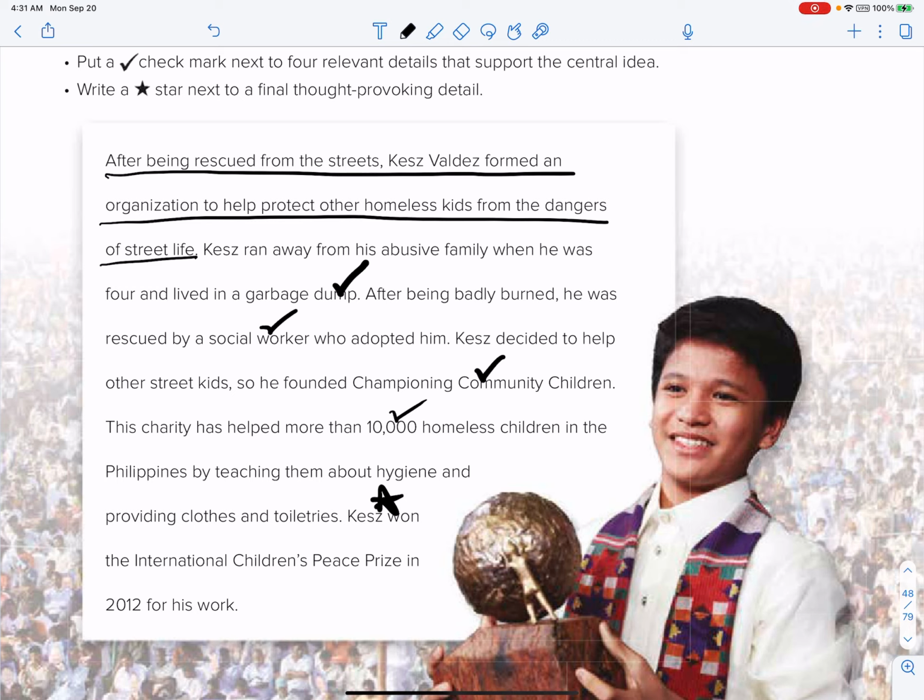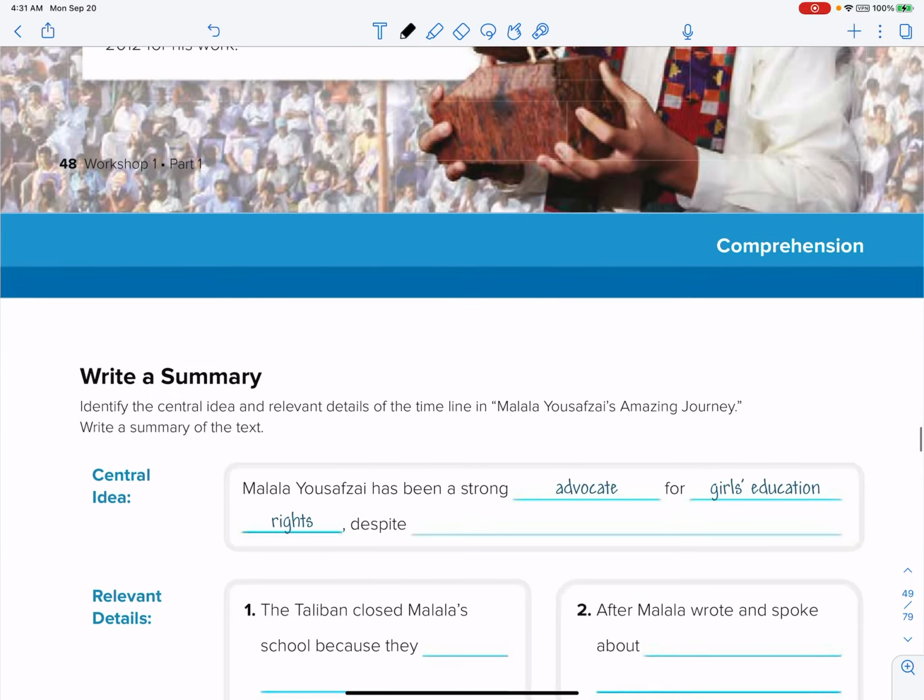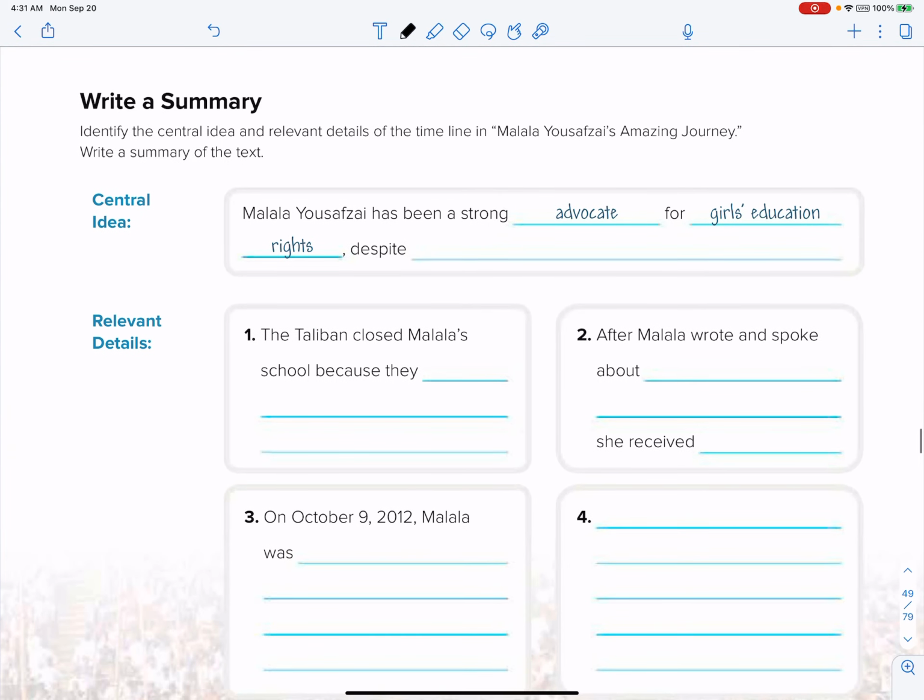Okay, so now we're going to go on to the next page. So they filled out part of this for us. We're going to fill out the central idea, the relevant details, and go from there. You may have to go back through your text if you don't know some of the information.